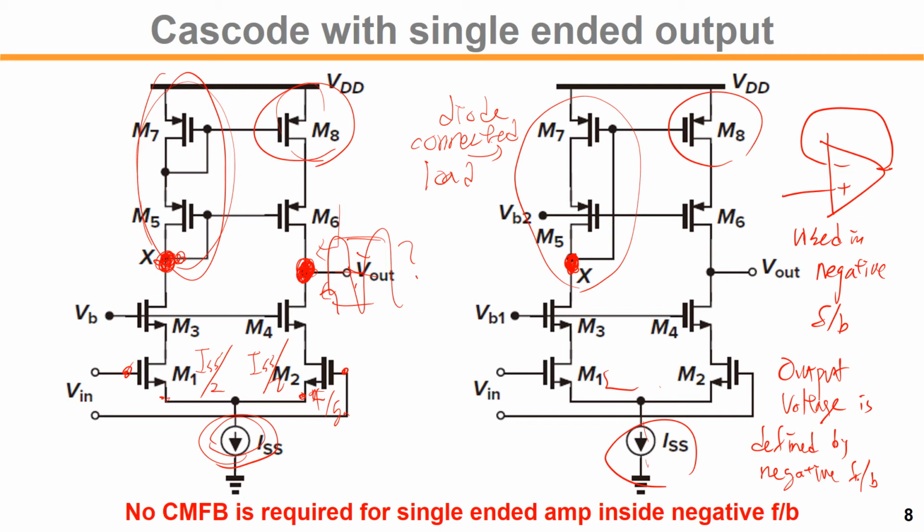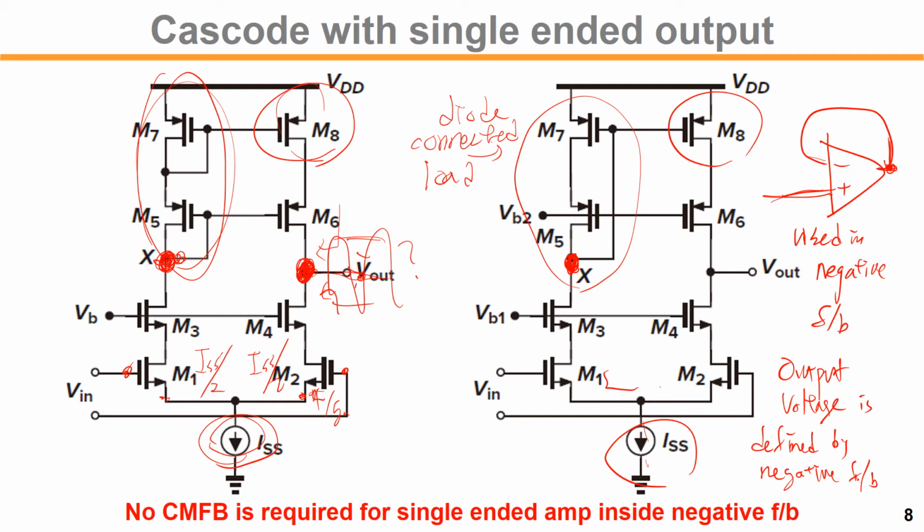So there is no additional CMFB required, right? This feedback will find its value at the output, because the common-mode level of the output is just signal, right? The signal is inside the negative feedback. So we don't have to sense the output in the single-ended output level, right?